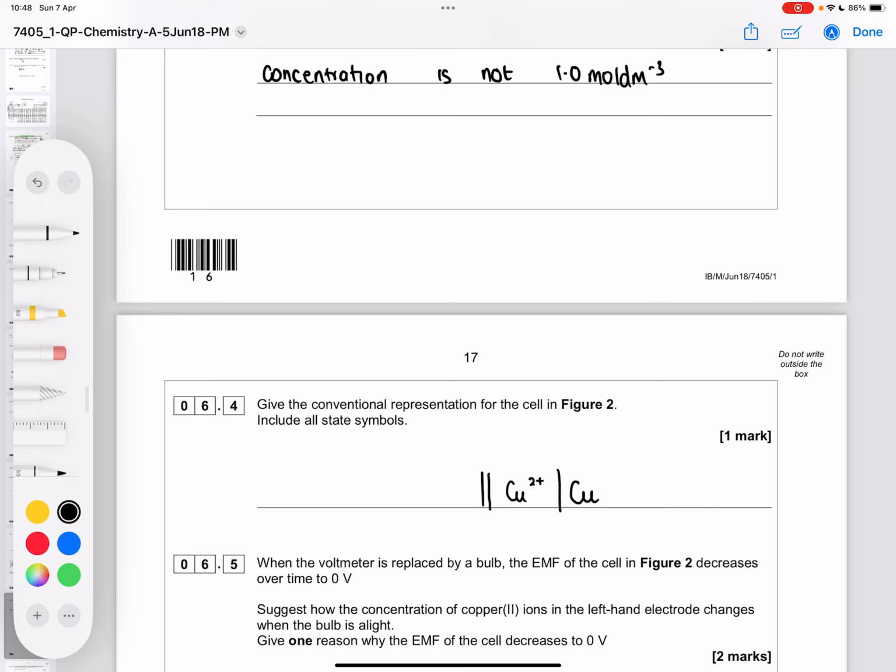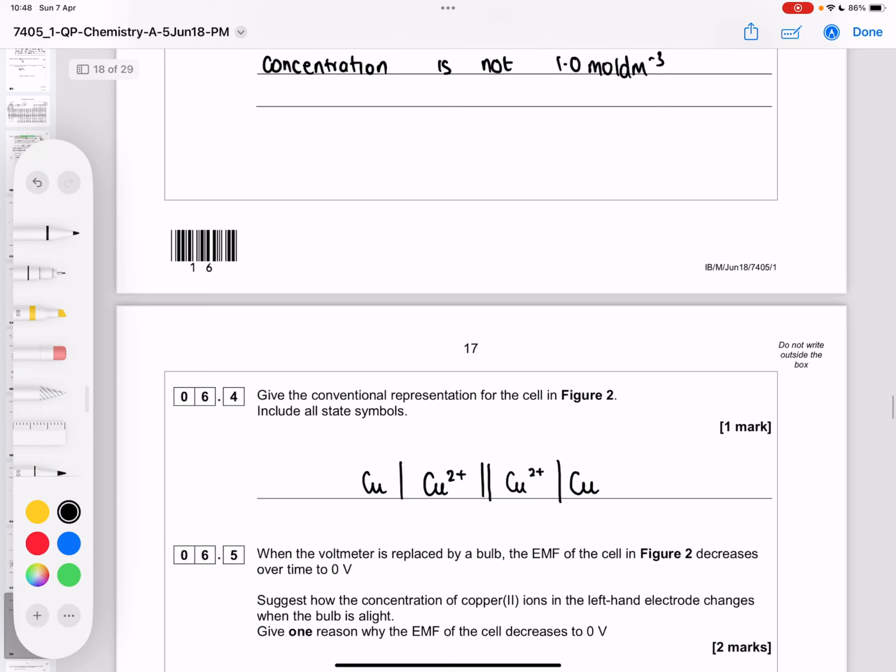The left-hand half cell is the same, but it's reversed, isn't it? The copper metal is being converted to copper 2 plus. It does say include the state symbols, so let's put them on. Solid, aq, aq, solid.